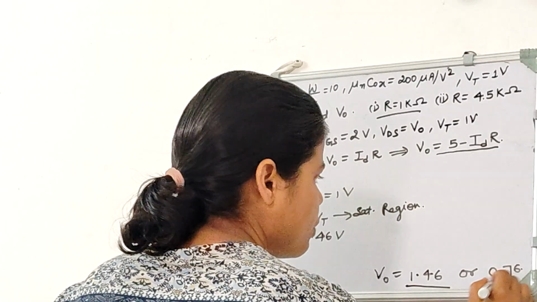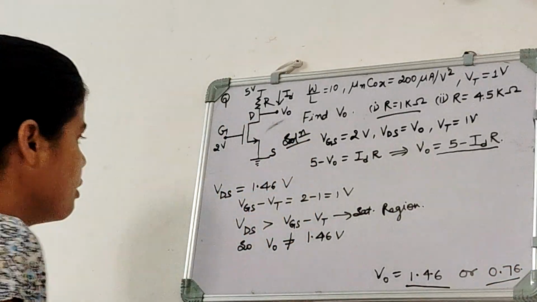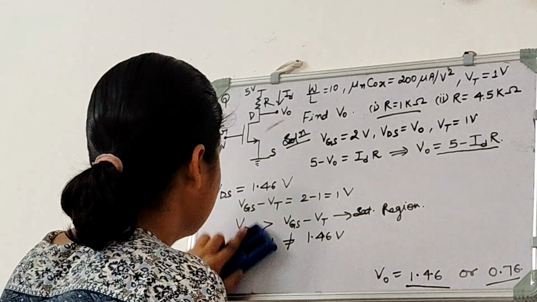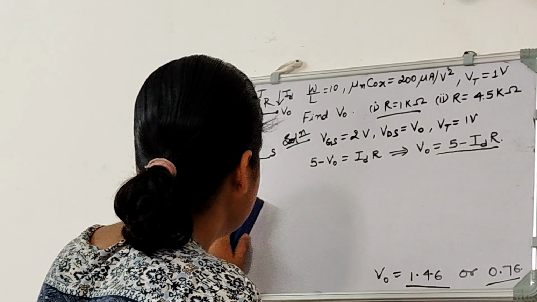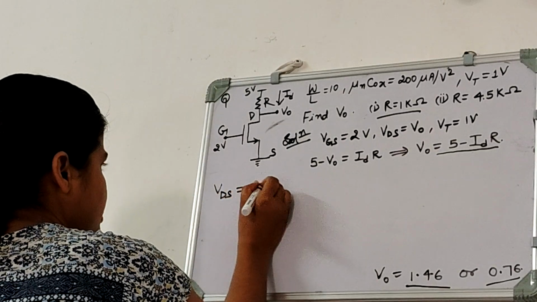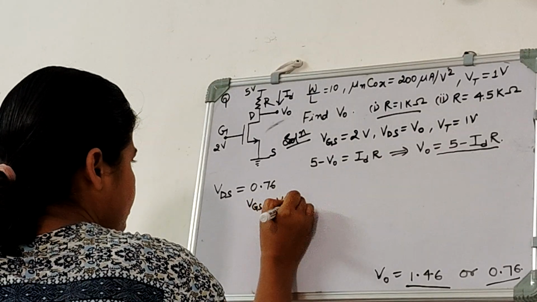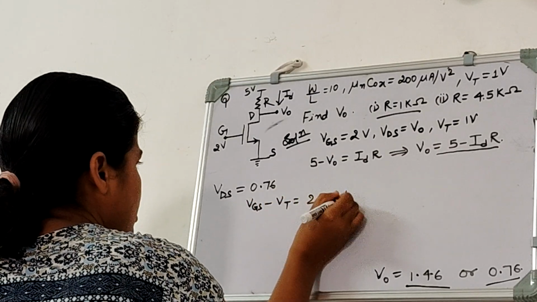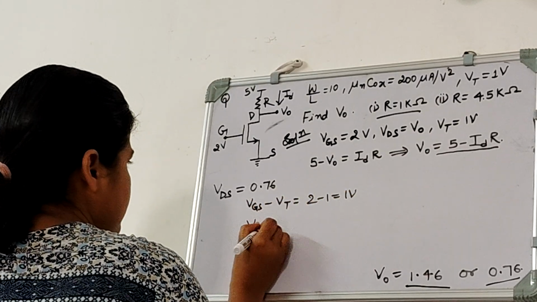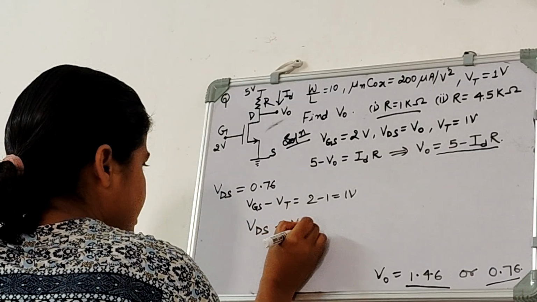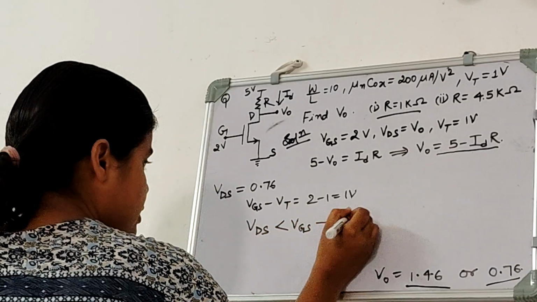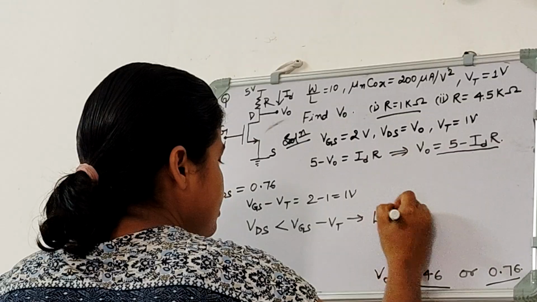Now we will go for this one, 0.76. We will verify this one also. So if we write here VDS equals 0.76, and VGS minus VT we know will be 2 minus 1, that is 1 volt. So here we can see that VDS is less than VGS minus VT, and this is the condition for linear region.